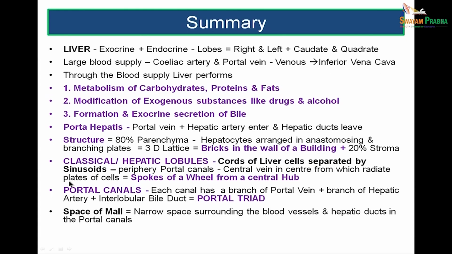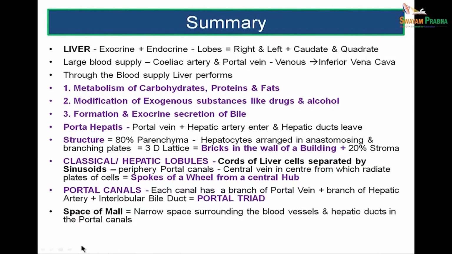The portal canals we studied, each portal canal, we say portal triad, though a misnomer. It contains a branch of the portal vein, a branch of the hepatic artery, the bile ductule, as well as nerves and lymphatics. And last we spoke about the space of Mall around the vessels in the portal canals.